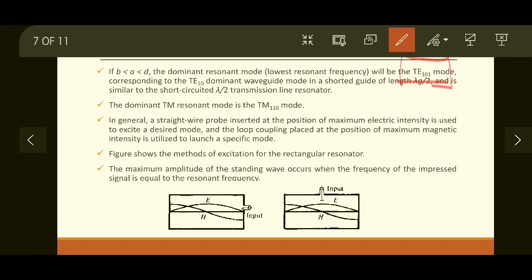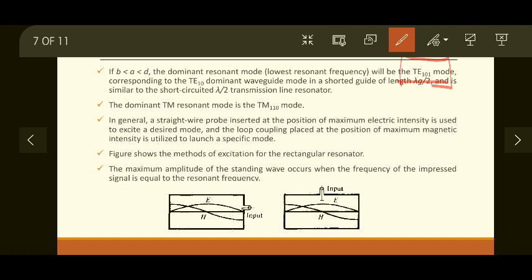If it is a transmission line, then a short-circuited lambda by 2 transmission line can be used for generating this kind of rectangular cavity. The dominant TM resonant mode for a rectangular waveguide is TM11.